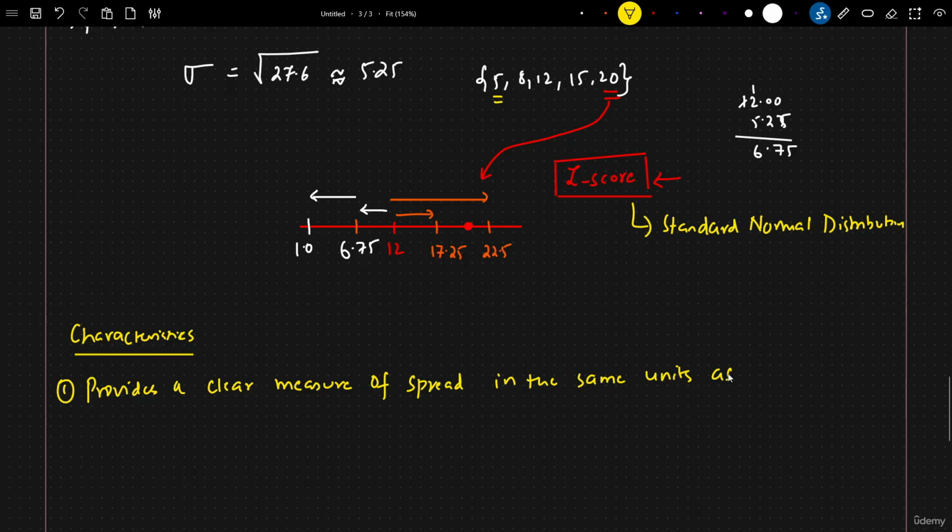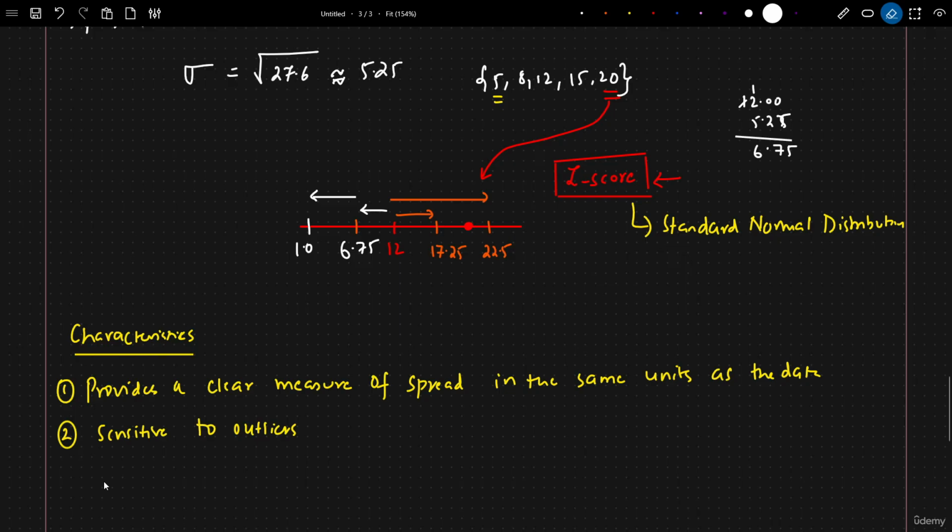Second, it is also sensitive to outliers. So if the variance is increasing, obviously this is also going to increase. That is very simple. The third point I will discuss later, once I discuss IQR. But right now, these two main characteristics are there for your standard deviation.